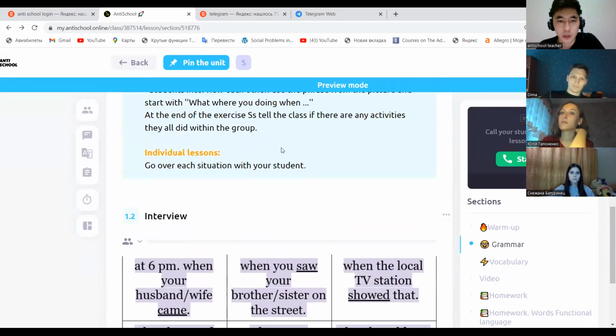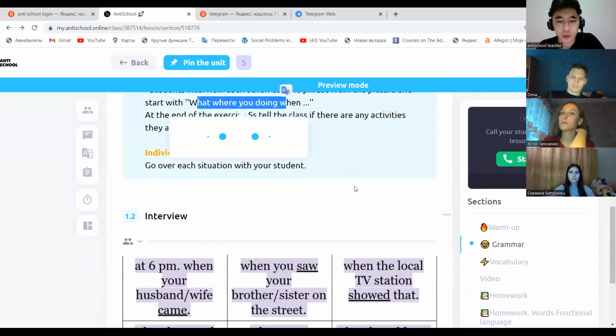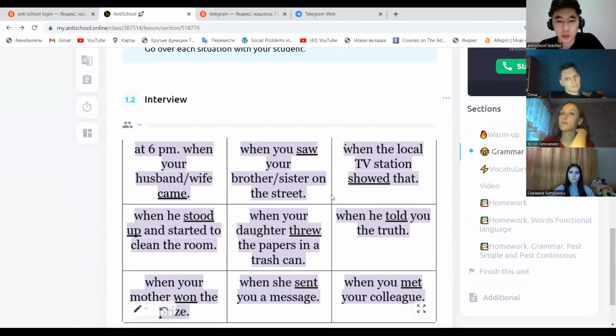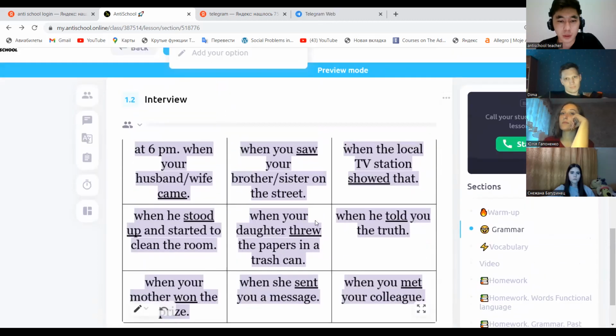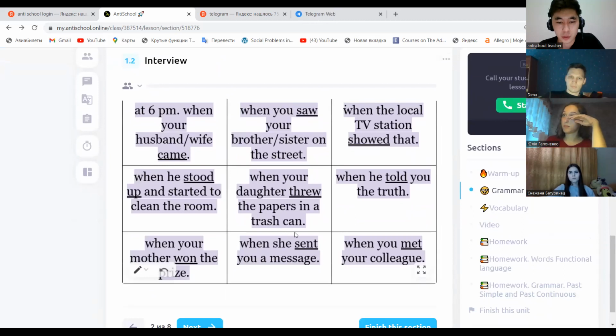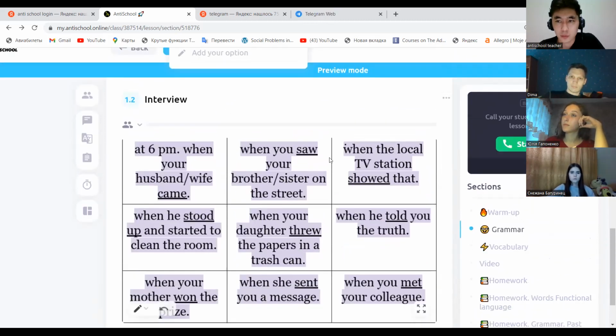So you just put this word in the beginning of the sentence, and you finish the sentence. In general, I think everything is clear.